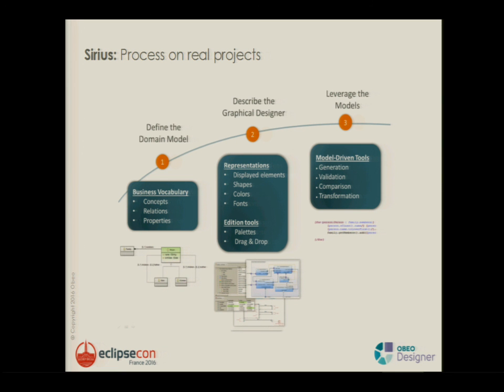So we try to think of the domain model in a way where you can inherit and be generic enough, not to cover 1% of your scope at first, but to have something that will be extended by the next versions.